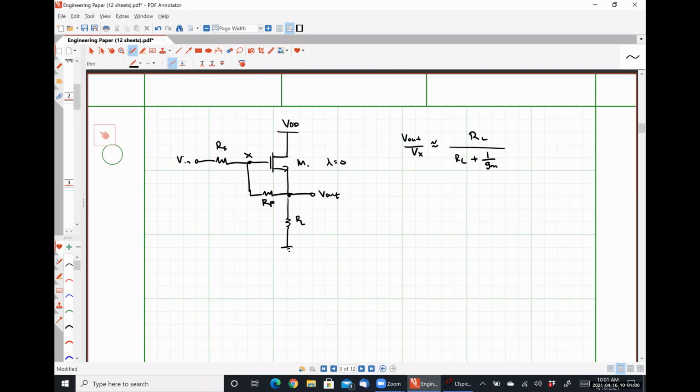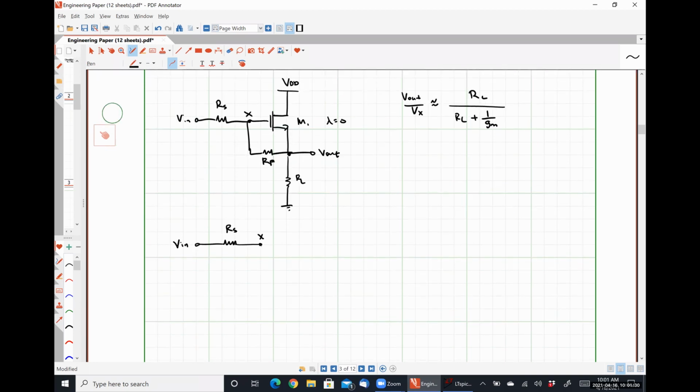All right, so I'm not going to draw this guy with the feedback resistor in as it's drawn. I'm just going to move straight to the Miller approximation, which is going to look something like this. So we have our input voltage. Here's RS. Here is node X. So between X and ground, I'm going to place a resistance RFA.